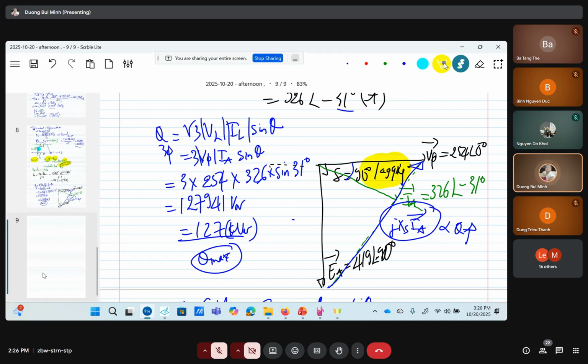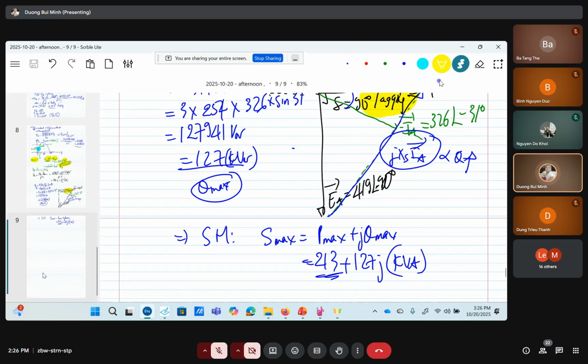The synchronous motor consumes B, and they will supply Q. So here should be a minus, because they supply Q, not consume.